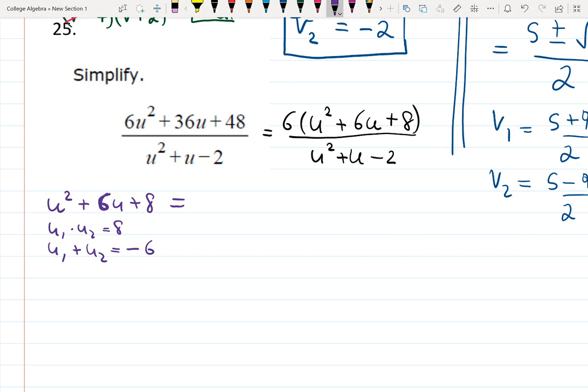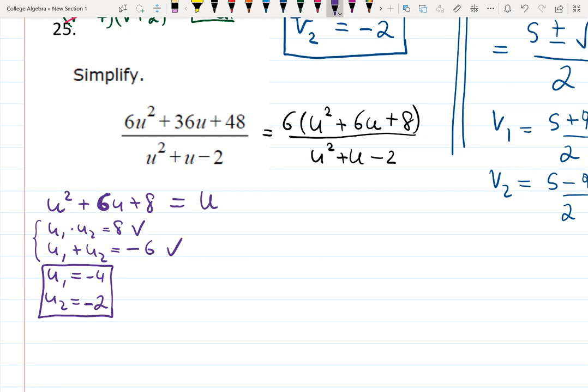Always change the sign of b for the theorem. So the roots should be 4 and 2, but both should be negative. Because if I just have 4 and 2, indeed 4 times 2 is 8, but then how would we get negative 6? But if both are negative, then it works out really well. Negative 4 times negative 2 indeed is 8, and negative 4 minus 2 is minus 6, works.